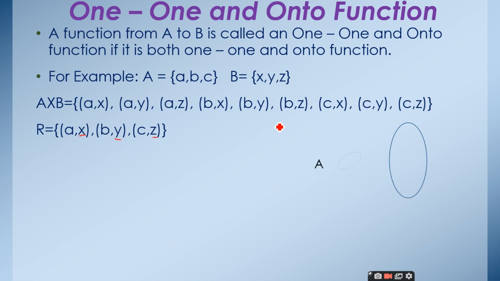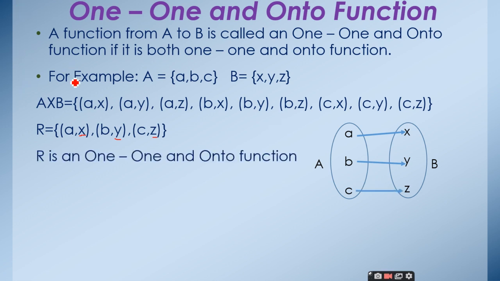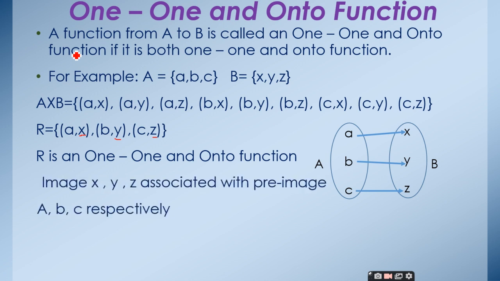If we represent this relation as a Venn diagram, we have x associated with a, y associated with b and z associated with c. So R is a one-to-one and onto function. Images x, y and z are associated with pre-images a, b, c respectively.